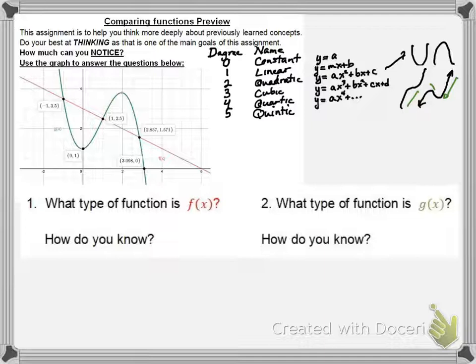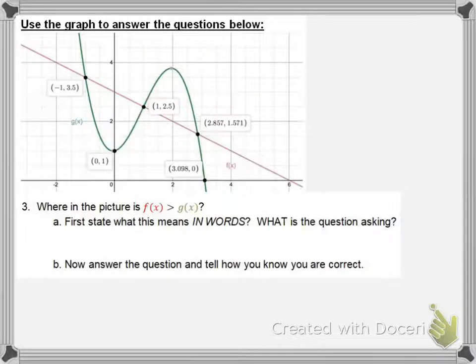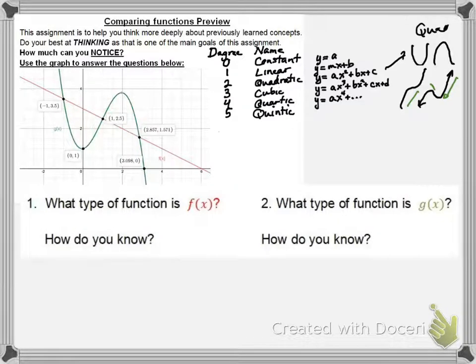A quartic, let me write some words. This is quadratic. And quartic is something that goes in 4 directions. The quartic often looks like a W kind of shape because it needs to go 1, 2, 3, 4 directions.